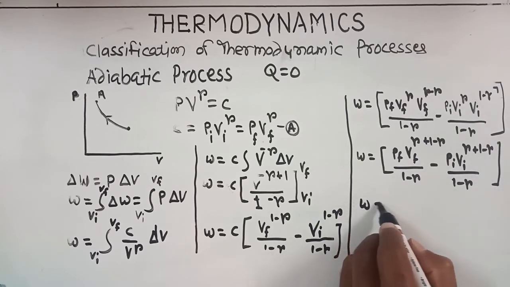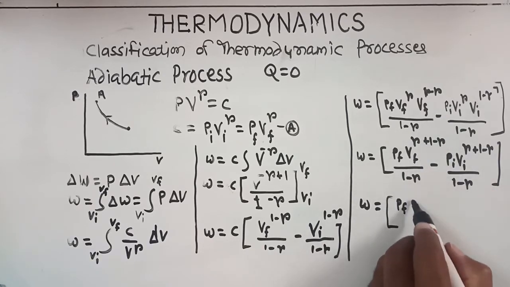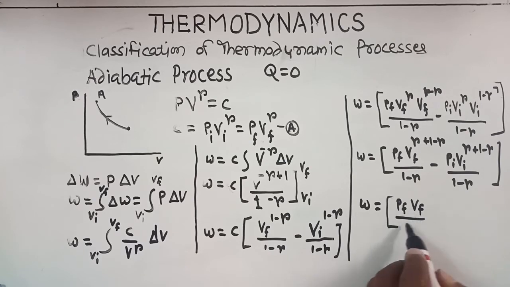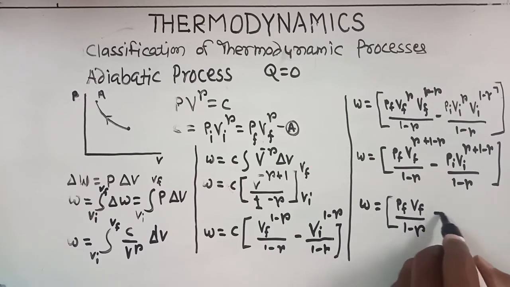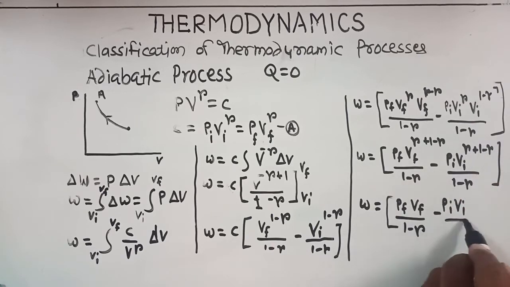Here we get this work done W is equal to Pf Vf divided by 1 minus gamma, minus Pi Vi, the gamma gets cancelled, divided by 1 minus gamma. This is the work done.